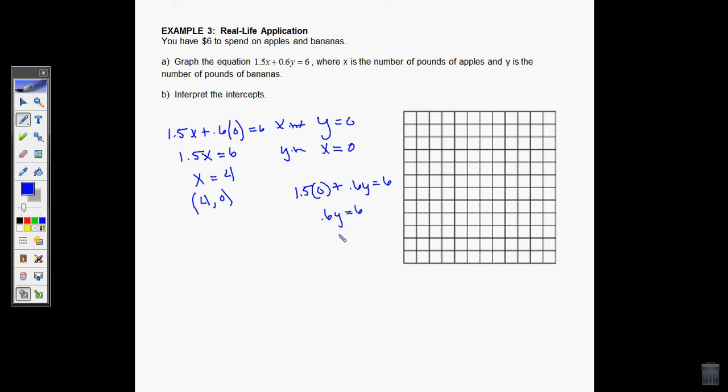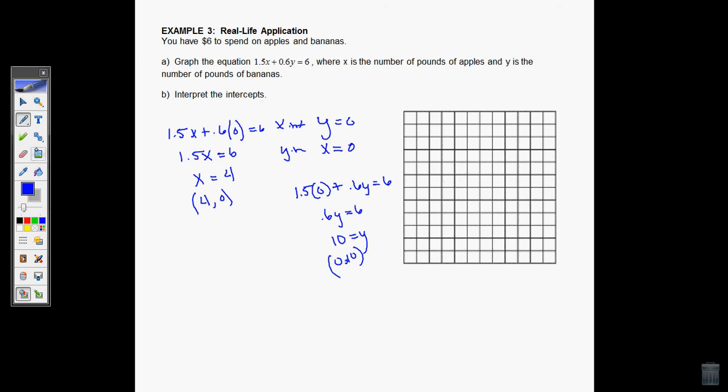This should be very, very easy. Please tell me you got it. It is 10. So I also have another coordinate point that says 0, 10. Woohoo! 2 coordinate points, 2 places that I can graph, and I can create my visual representation of this equation.